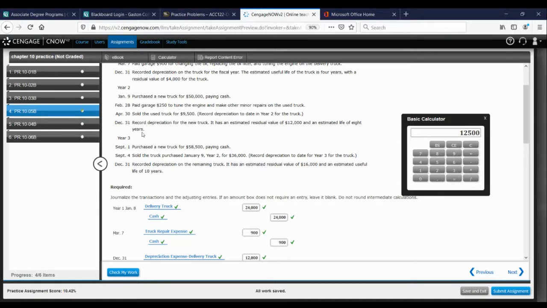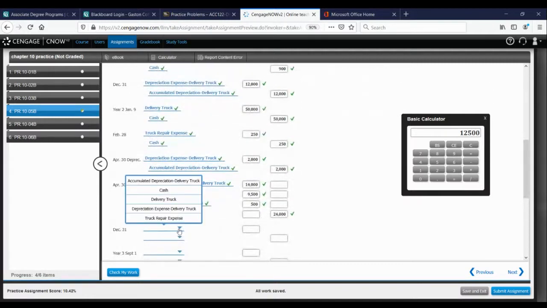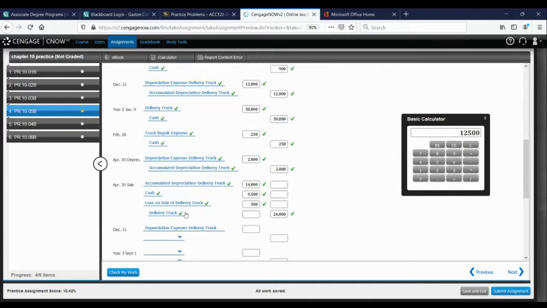That's the amount of depreciation that you would record for the full year. Because you bought that asset in January, you've held it until December, it's a full year's depreciation. We will debit depreciation expense and credit accumulated depreciation for $12,500.